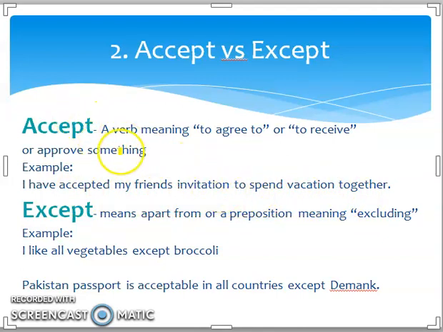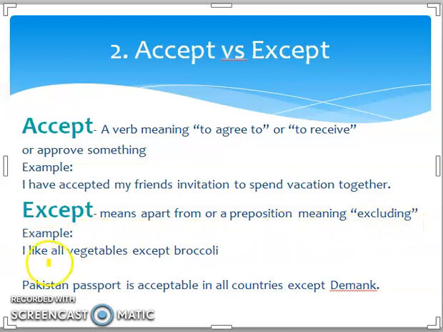Now, accept means to agree. So, I've agreed to my friend's invitation or request to do what? To spend vacation together.